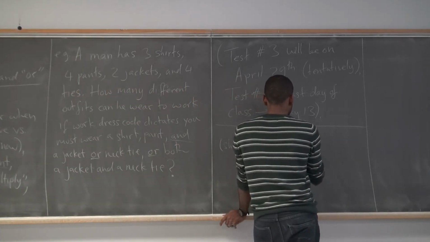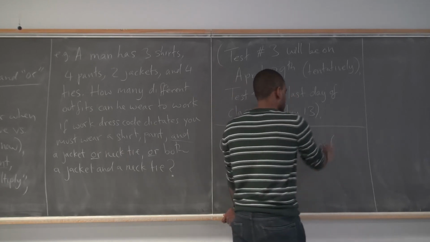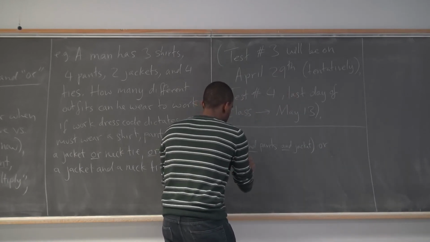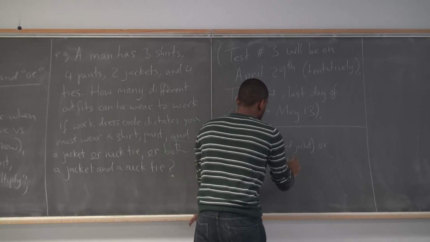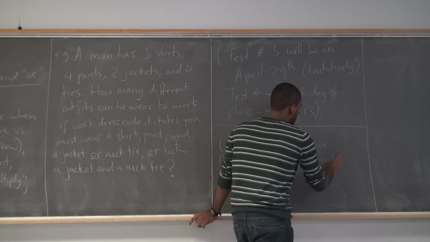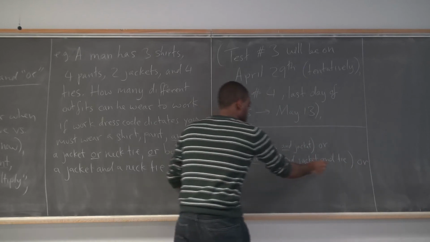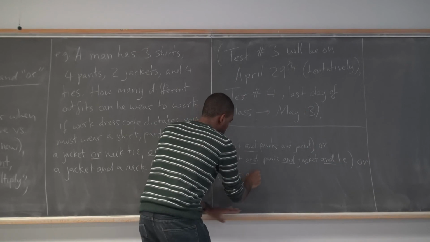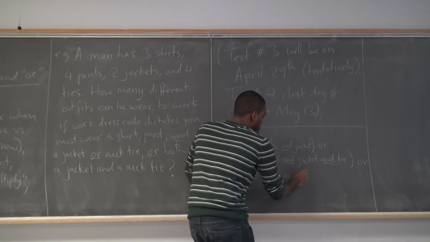Or the second kind of outfit he can make is shirt and pants and jacket and tie. Or he can have a shirt and pants and tie.